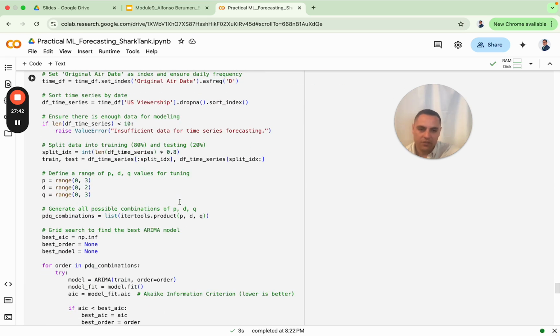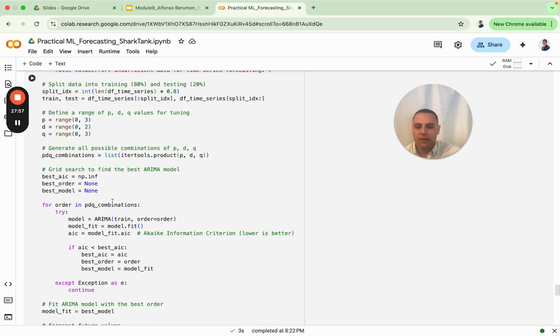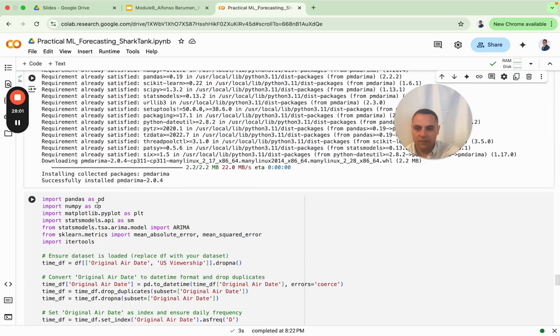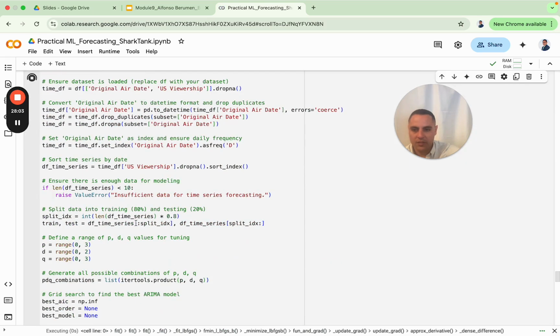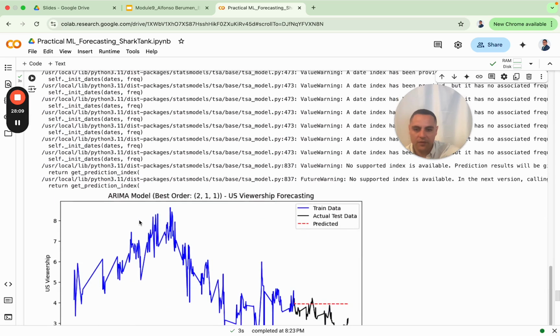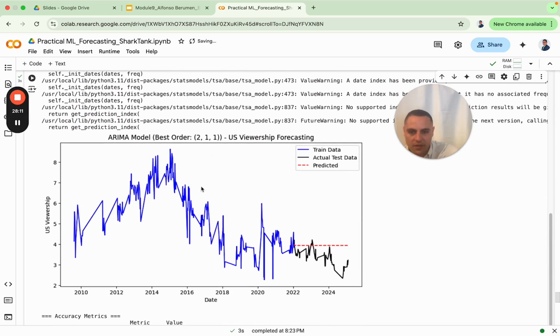There are components to the ARIMA, and we're not going to get in depth in that in the demo, but there is some additional explanation around ARIMA in the chapter. What we'll do is something similar, where we try to predict US viewership as a function of the error date, or the time period.